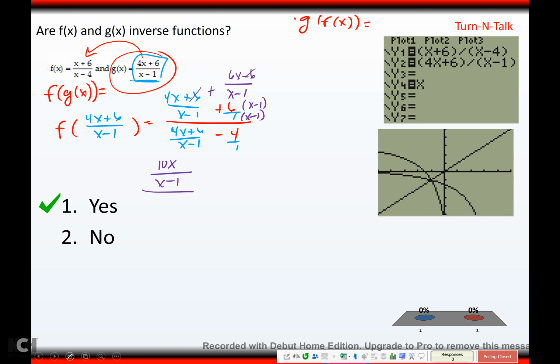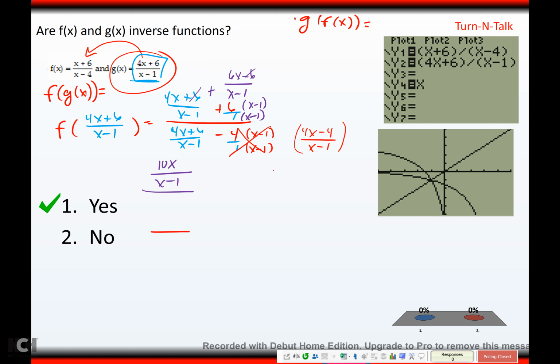On bottom, common denominator is going to be x minus 1. So on bottom, I'm going to have 4x minus 4 over x minus 1.